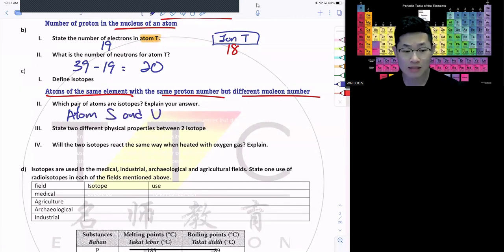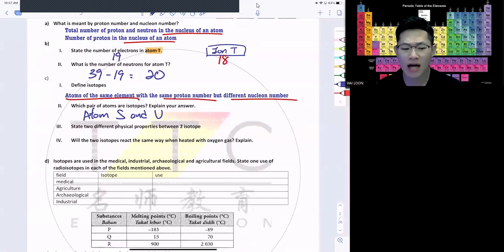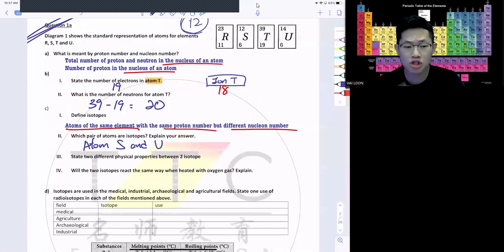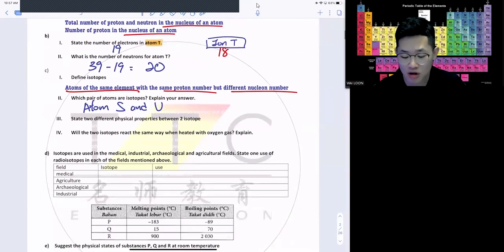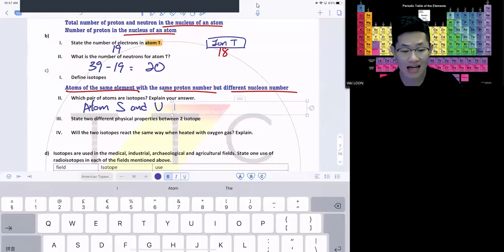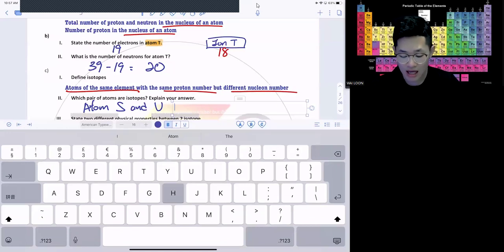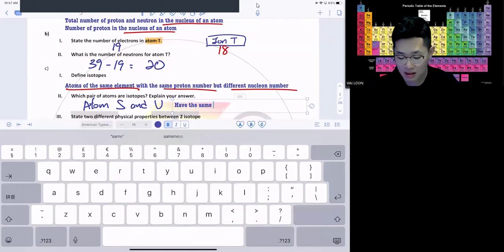They want me to explain. When they want you to explain why that is an isotope, you just throw the definition in, which you will say, because the atom S and U, they have the same proton number but different nucleon number.